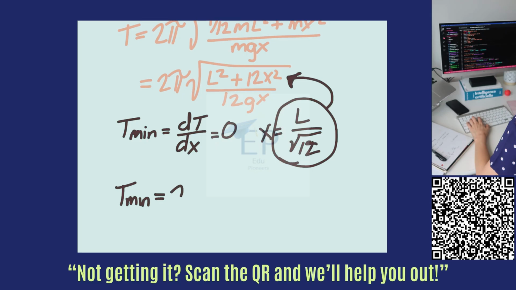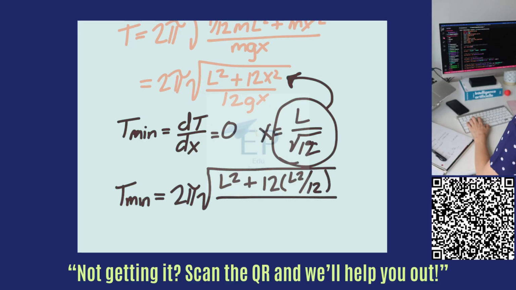is going to be 2 pi times the square root of (L squared plus 12 times L squared divided by 12), divided by 12 times gravity times L divided by the square root of 12.